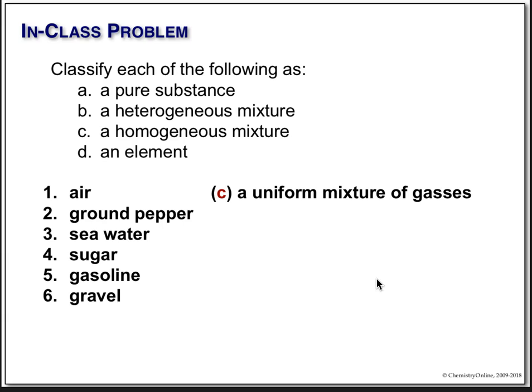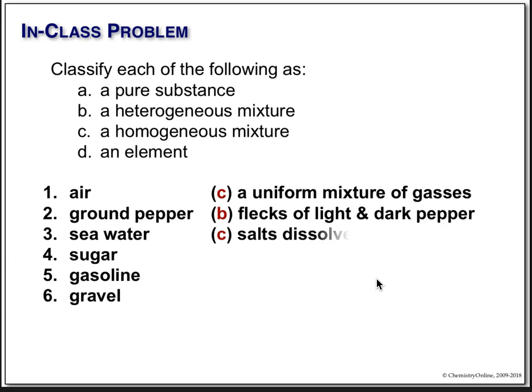Ground pepper, classic, lots of little flecks. It's a heterogeneous mixture. Seawater, well, we saw that. Seawater is a homogeneous mixture or a solution. How about sugar? What is sugar?